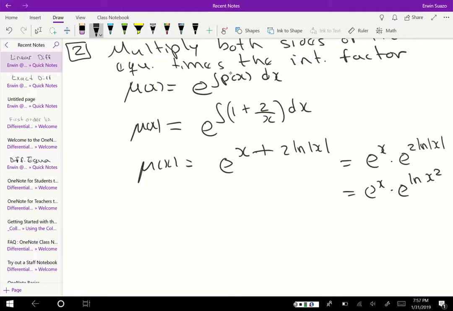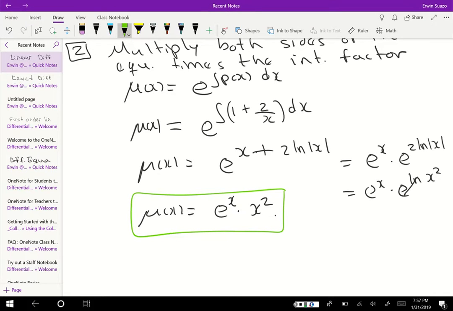And I can eliminate the absolute value because this is a square. Now this nicely cancels, so my final answer is mu of x equals e to the x times x squared. And that's my integrating factor. Okay?